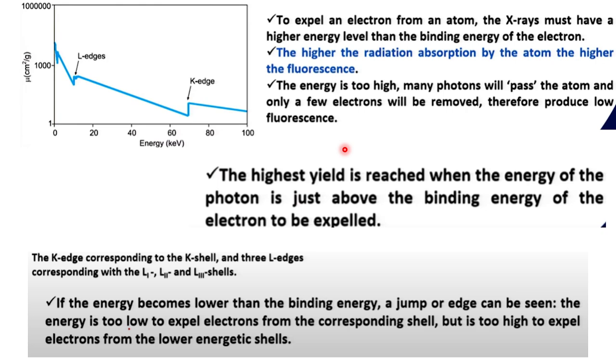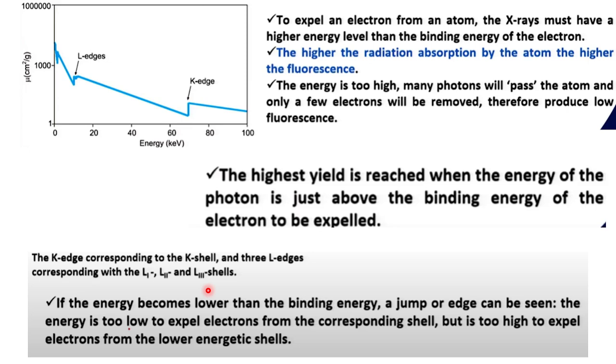The highest yield is reached when the energy of the photon is just above the binding energy of the electron to be expelled. Otherwise, what if you provide very high energy? It will not eject out, rather it will pass through the nucleus. The K edge corresponds to the K shell and three L edges correspond to the L1, L2 and L3 shells.